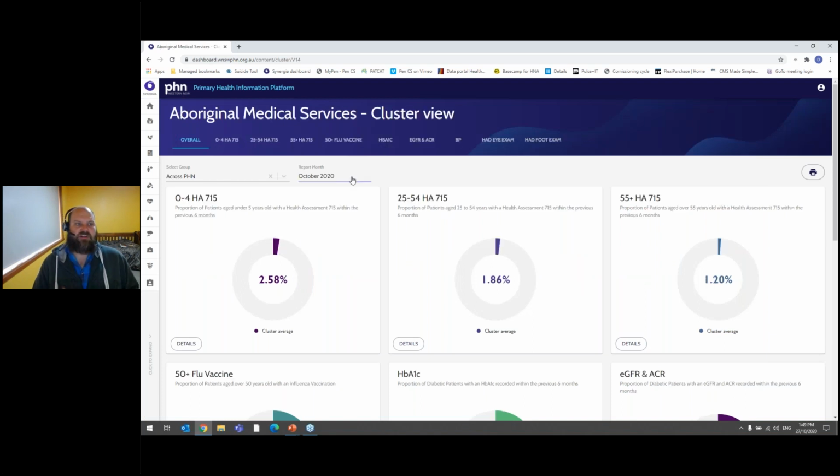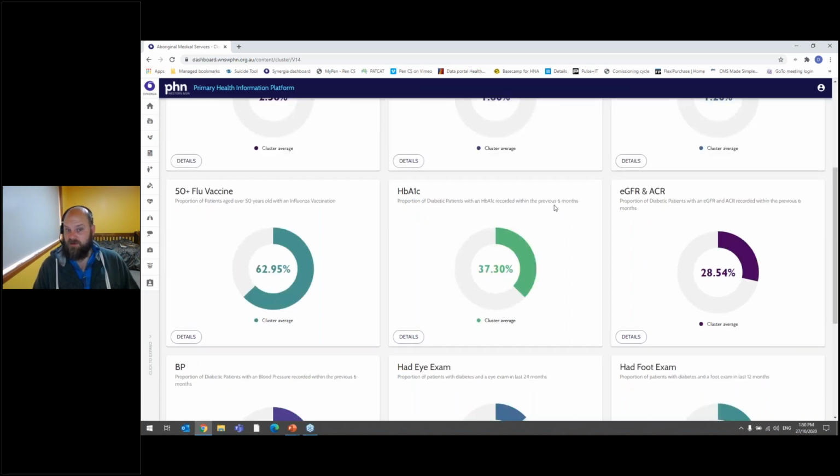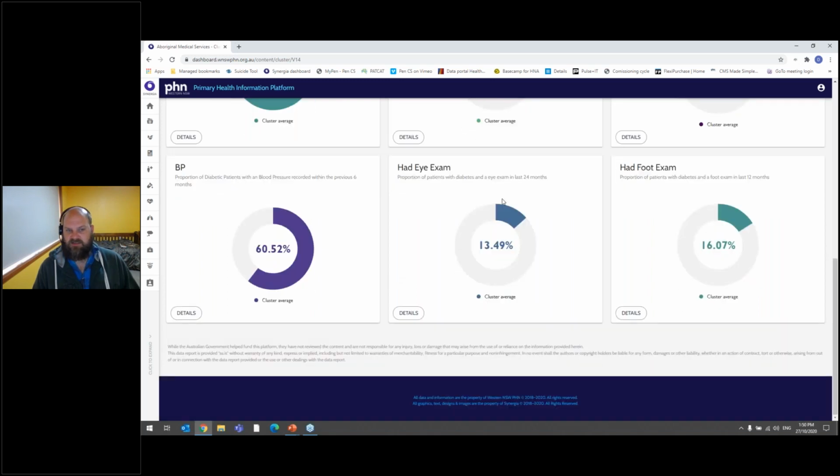And it was really just a breakdown on a population level of their active patients, of those that had had their health assessments based on the different age groups of 0 to 4, 25 to 54, 55 plus, those that are 50 plus having their flu vaccine, those with diabetes having their HbA1c recorded in the last 6 months, having their estimated glomerular filtration rates and ACR in the last 6 months, blood pressure in the last 6 months, and again, the eye and the foot exam occurring in the last 24 and 12 months respectively.